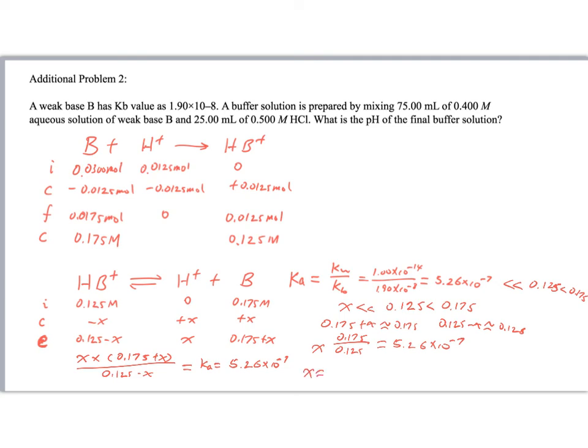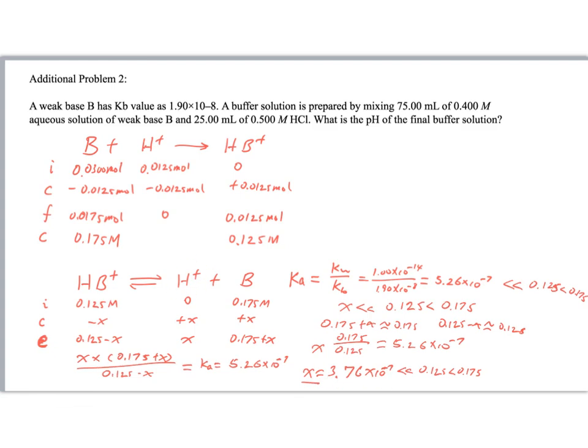This leads to X equal to 3.76 times 10 to the negative 7, which is much smaller than 0.125 and 0.175. And this X is the concentration of H+.